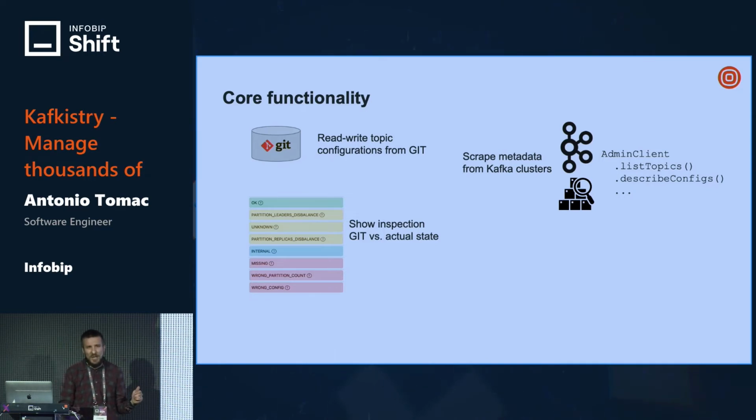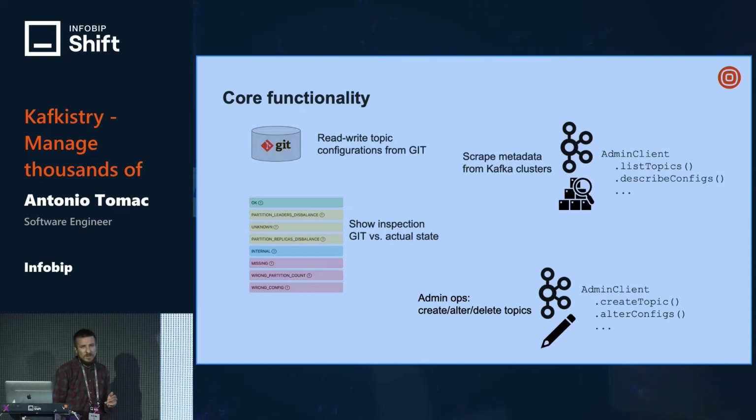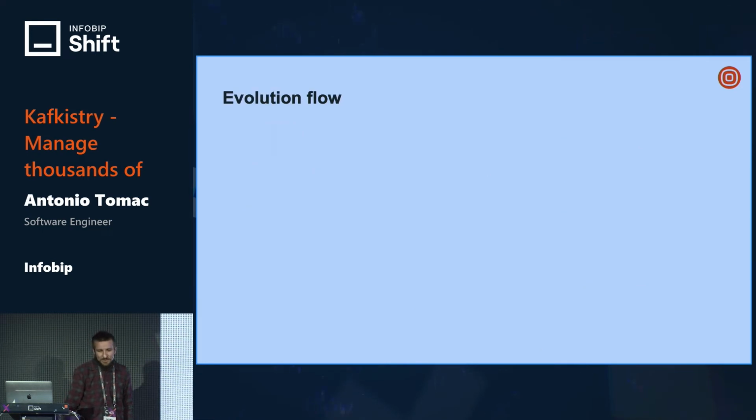Is it okay? Is it missing? Does it have some wrong configuration value? And stuff like that. And when something is actually wrong, Kafkistry offers some operations in order to fix those issues, like creating a missing topic, altering a wrongly configured topic, and so on.